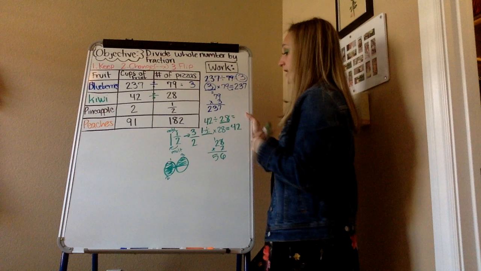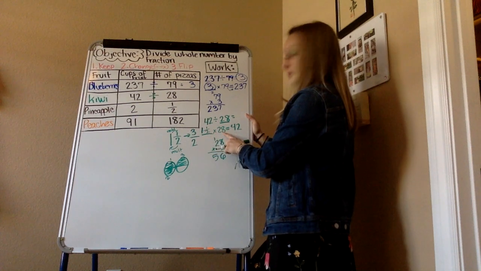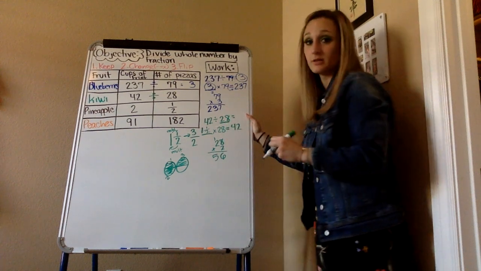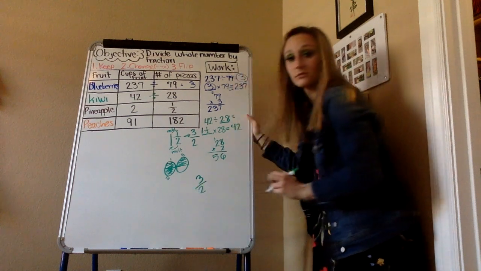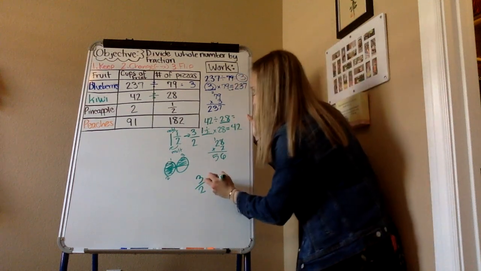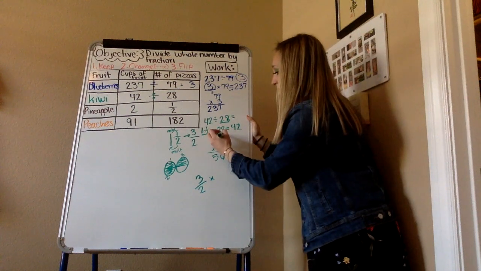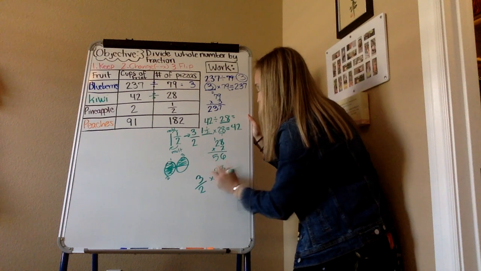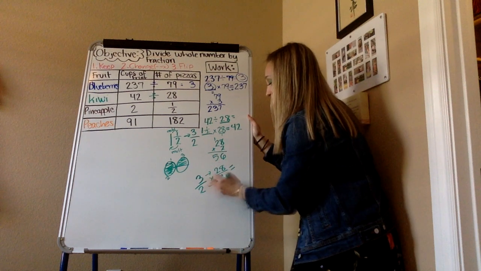Okay. Now again, I'm trying to check if 3 halves times 28 equals 42. So here's what I'm going to do. 28 is a whole number, and we know that if we put it over 1, it makes it a fraction. 28 over 1. And then I'm going to multiply across.